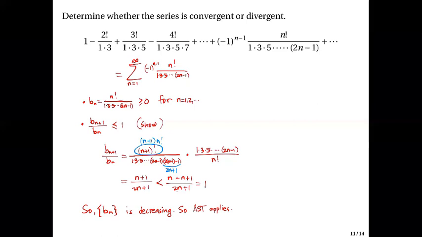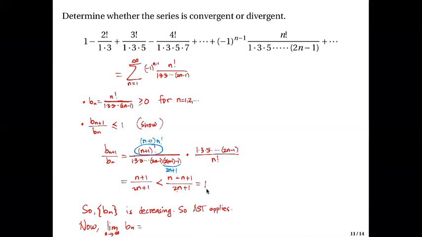We have now the limit of Bn as n approaches plus infinity. But what is this? Instead of applying AST here, we now know that Bn plus 1 over Bn is less than 1.